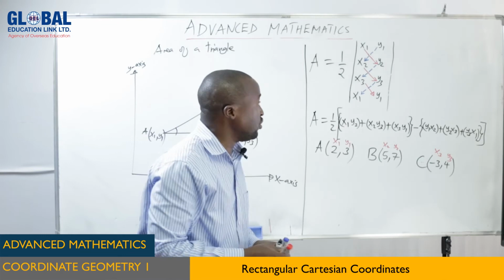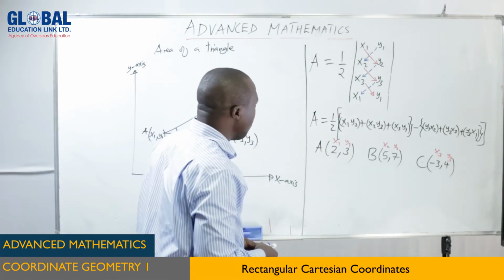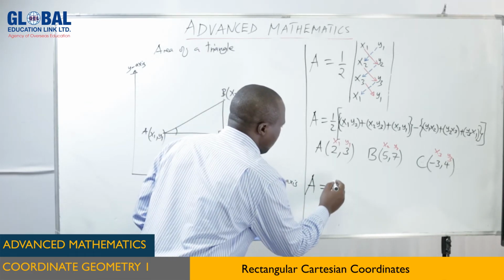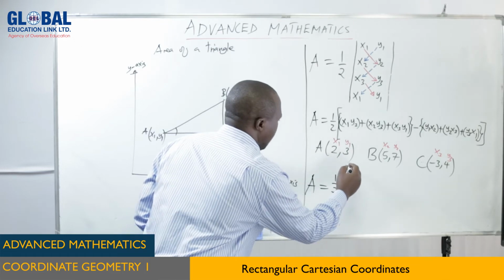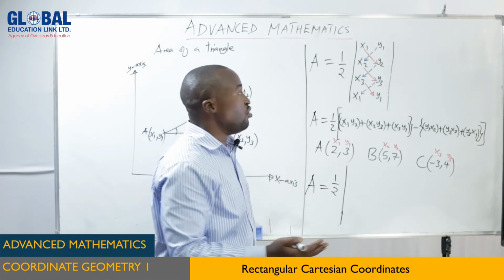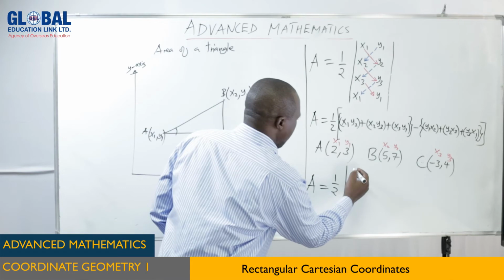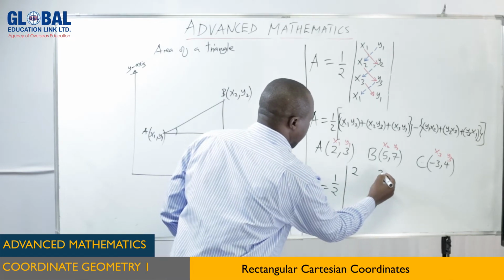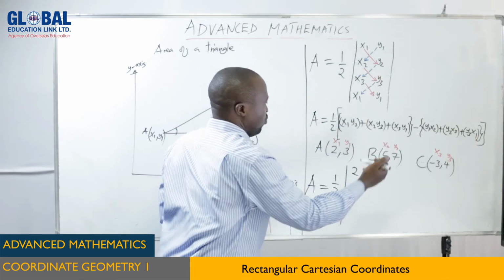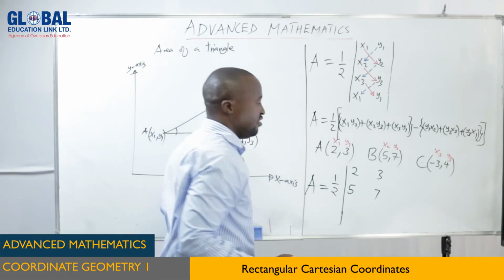So we just substitute in our general formula. The area A will be equal to a half determinant of, remember we start with x1, y1, which is 2 and 3. The second one is x2, y2, that is 5 and 7.